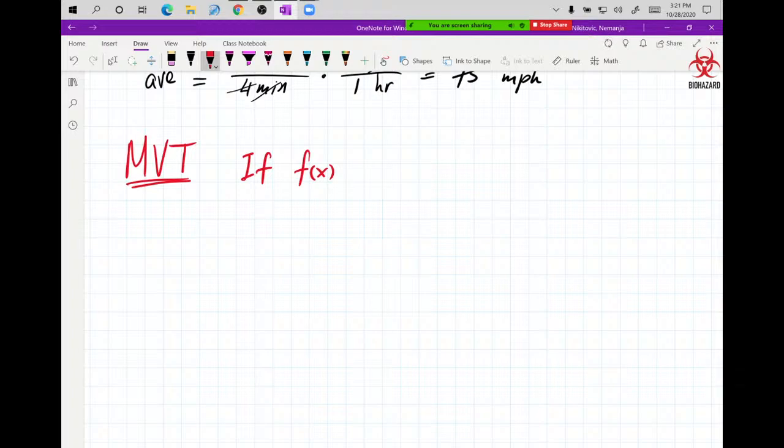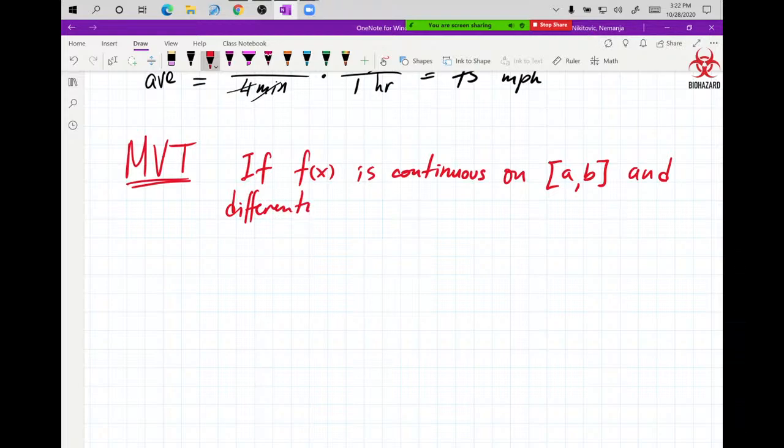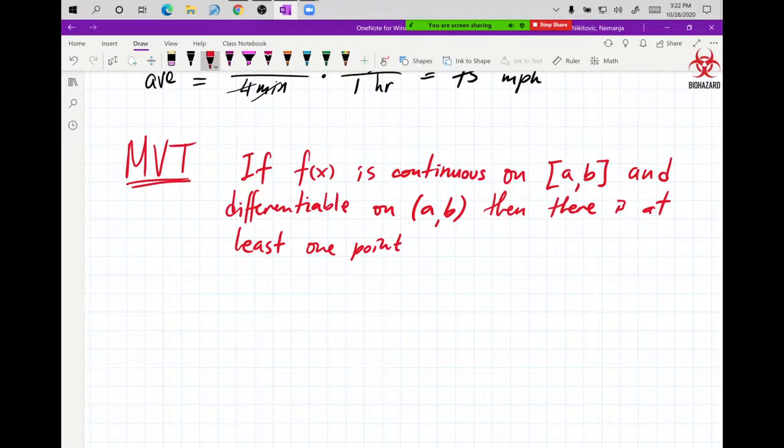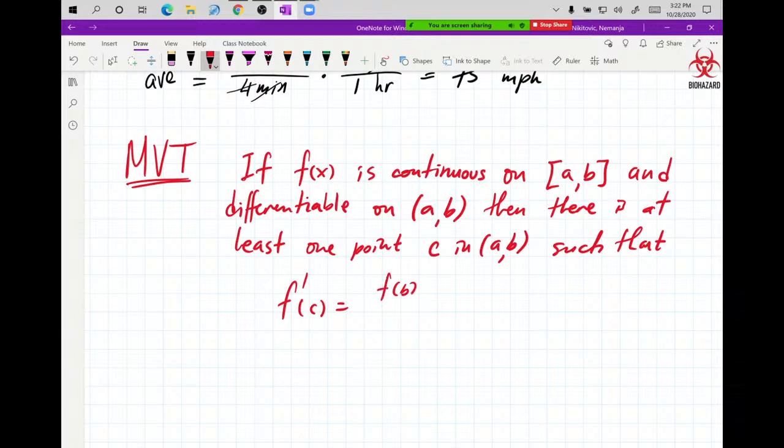If function f of x is continuous on closed interval [a, b] and differentiable on open interval (a, b), then there is at least one point c in (a, b) such that f prime of c, which is the instantaneous rate, is equal to f of b minus f of a divided by b minus a, which is the average rate.